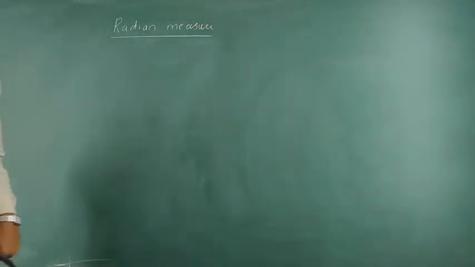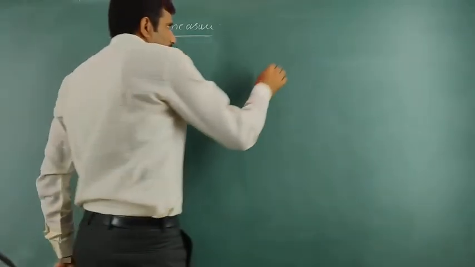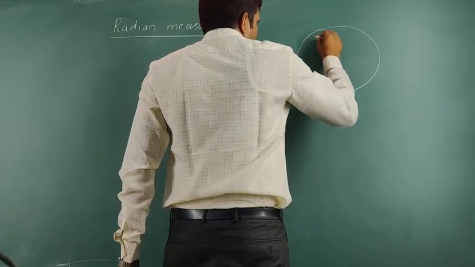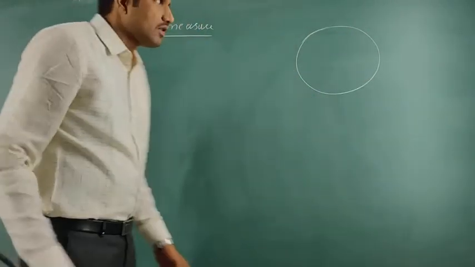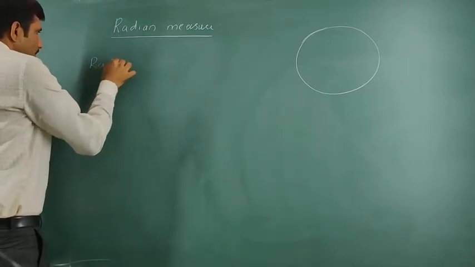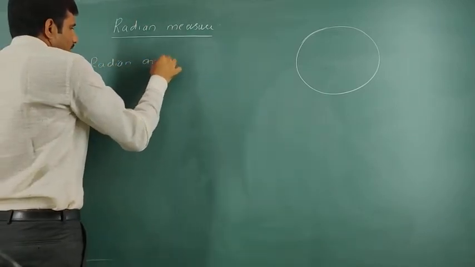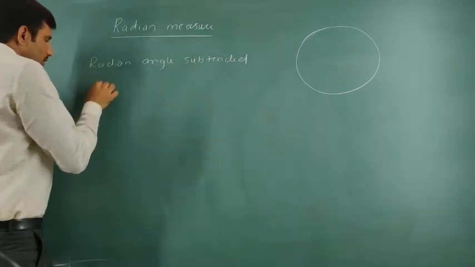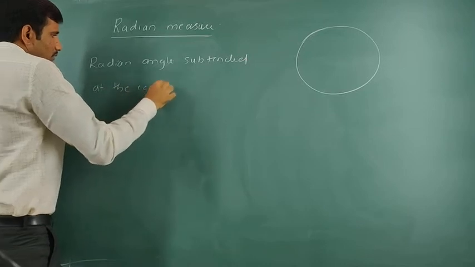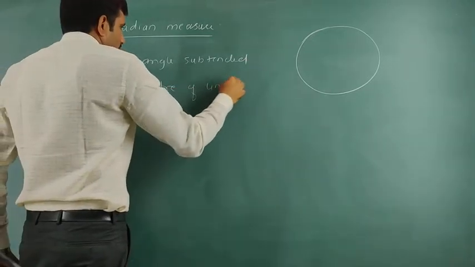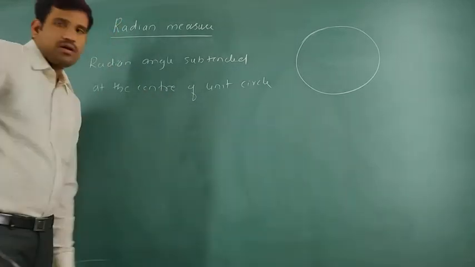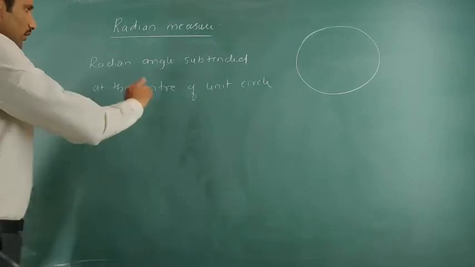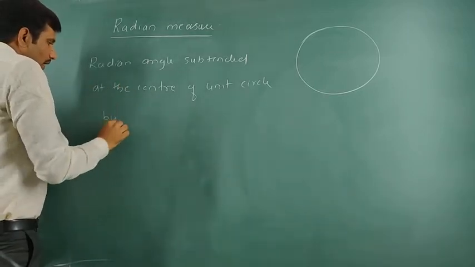Radian is an angle subtended at the center of a unit circle. Unit circle means what? That the radius is 1 unit. 1 unit means 1 centimeter or 1 meter. At the center of a unit circle by an arc of length 1 unit.